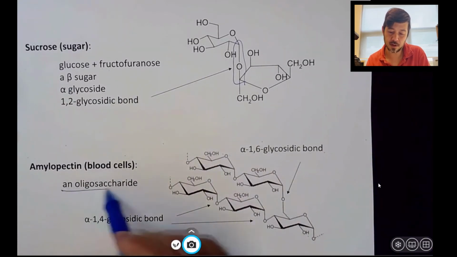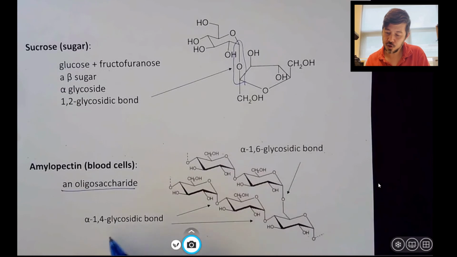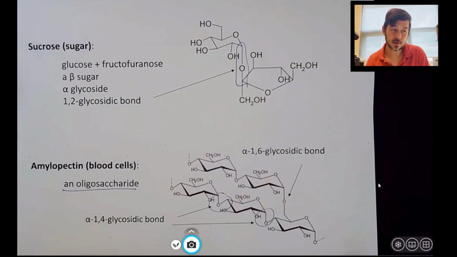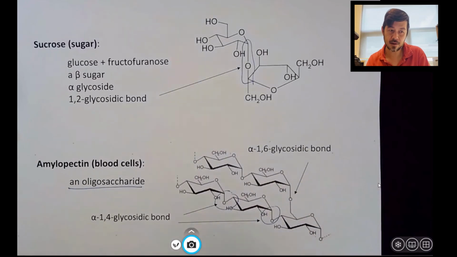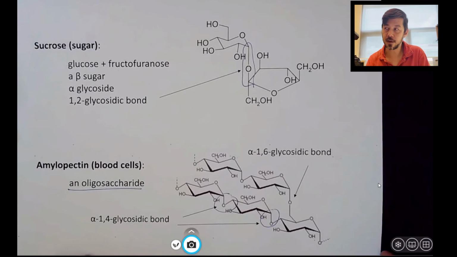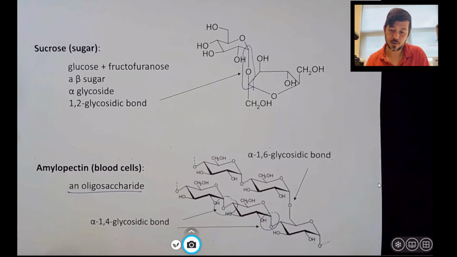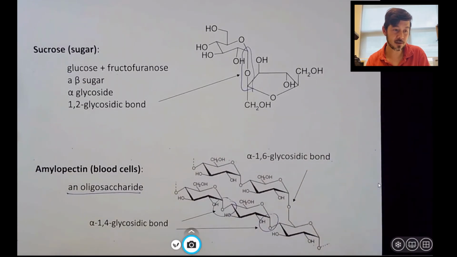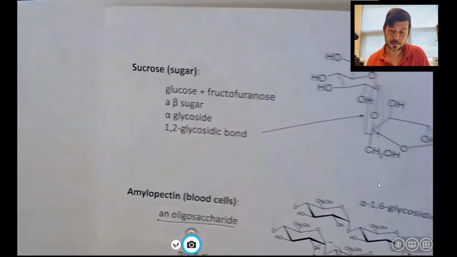Here's an example of an oligosaccharide showing a combination of alpha 1,4 glycosidic bonds in addition to branched alpha 1,6 glycosidic bonds. So there are a lot of different ways and combinations to make different types of oligosaccharides just based on how these bonds are formed. That's why they're used for cell recognition, and a small change in stereochemistry can really affect the structure and hence function.